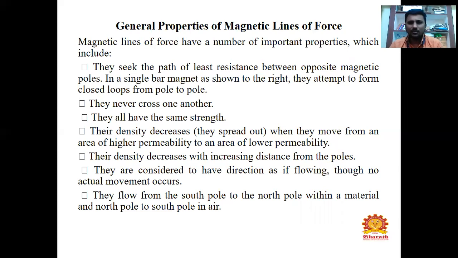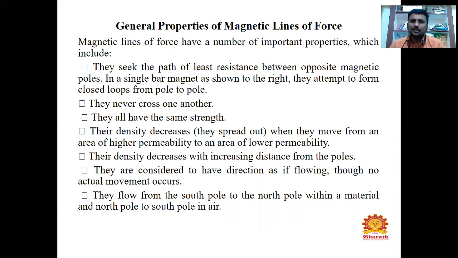They all have the same strength. Their density decreases as they spread out, when they move from an area of higher permeability to an area of lower permeability, so their density decreases with increasing distance from the poles.